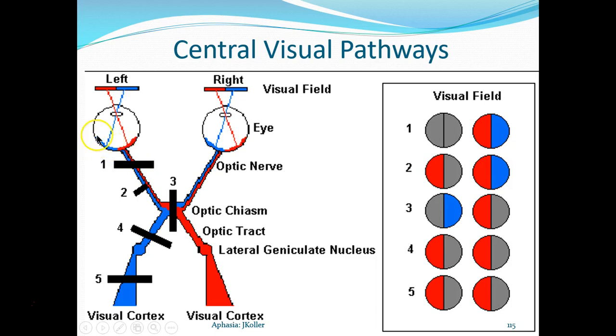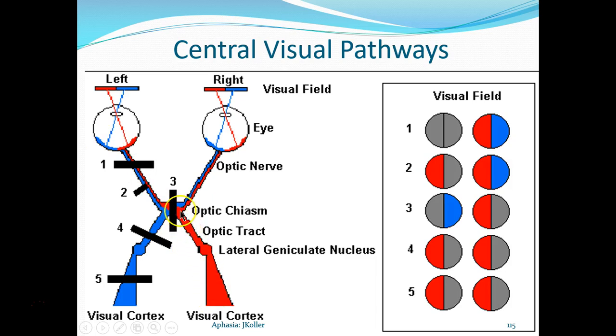Again, this is the back part of the eyeball. That's the front that you would see. If you look at someone and you see their eye, you would see this part. This is behind the eye. And so the left optic nerve is on the left back part of the eye.